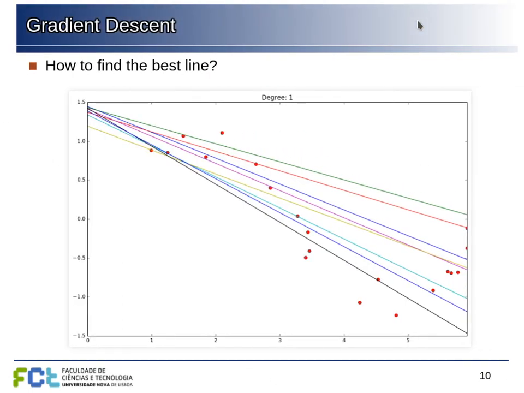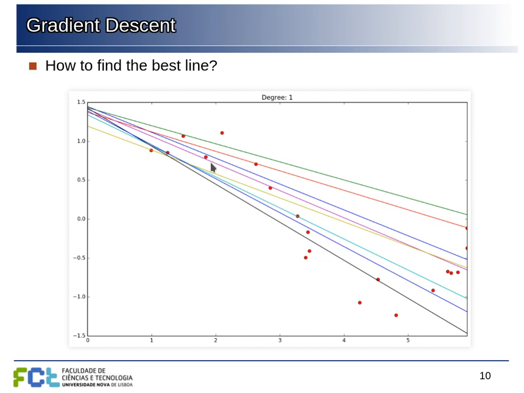Okay, so let's start with gradient descent. Suppose that we have this set of points in red, and we want to try to find the line that best fits these points. So this would be a linear regression problem, but the problem is how do we find the best line? We can have many different possibilities.